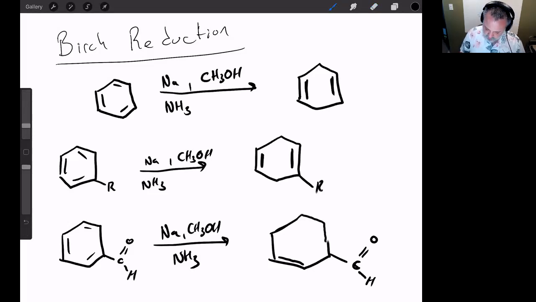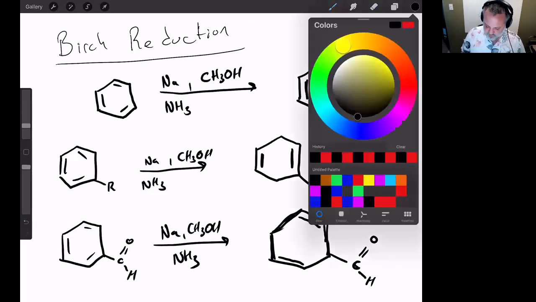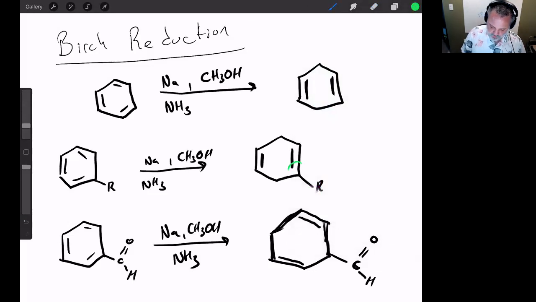When I have an electron withdrawing group, the position next to the group is reduced. So again, let's focus real quick. This carbon was not reduced, this carbon was reduced. And so this is a situation that comes out and you have to take into account.